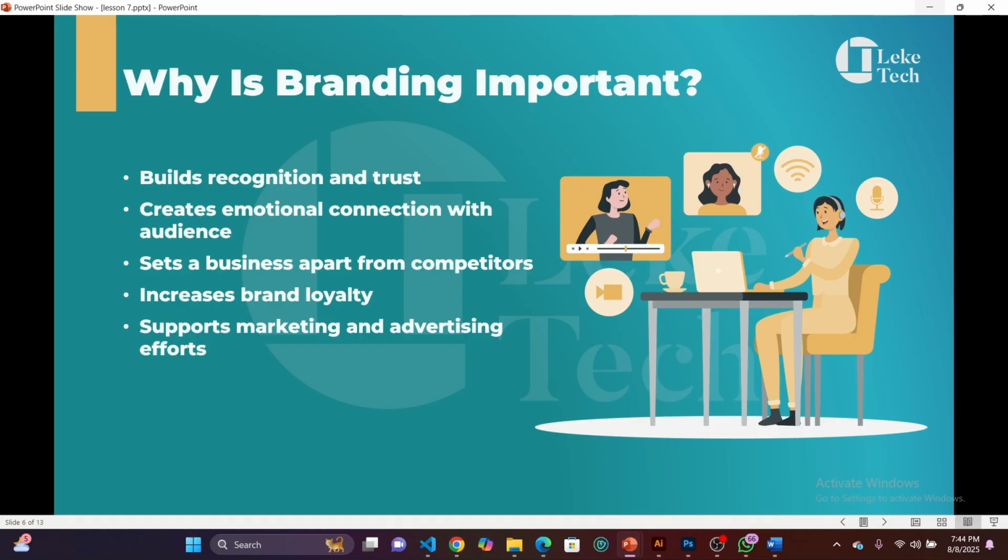You don't have to create everything from scratch each time you advertise. You already have a way of doing things. You don't have to design a new logo or start checking which colors and which strategies you are going to use. When everything is established like that, it makes marketing and advertising easier.